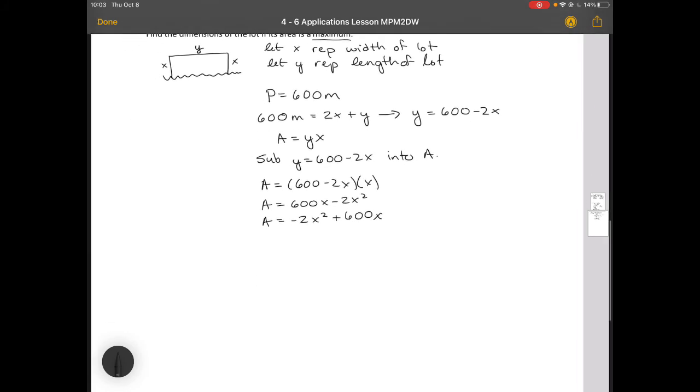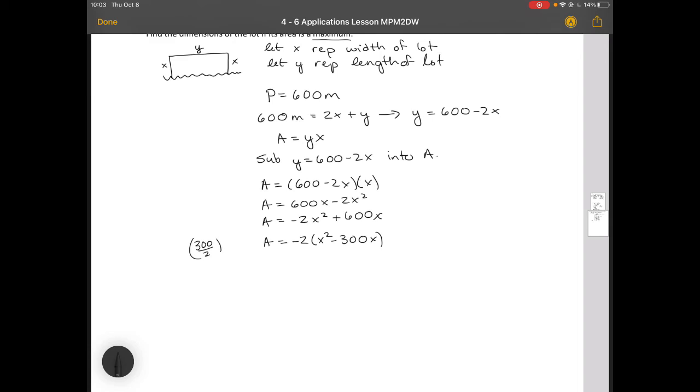So again, I'm looking for a maximum. So I want to complete the square to find the vertex. So I'm going to factor out minus 2 from my first two terms. And then I'm going to look for the value that I need to complete the square.